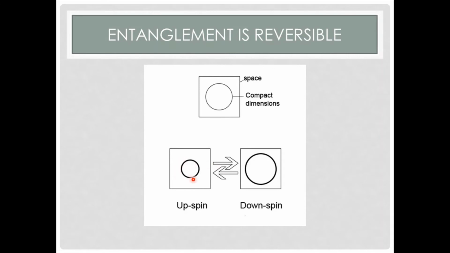And entanglement would create a different outcome for the sister particles, and here I just indicated it with a different size of circle for the particles. And entanglement is of course reversible. Theoretically it can happen at infinite distance.